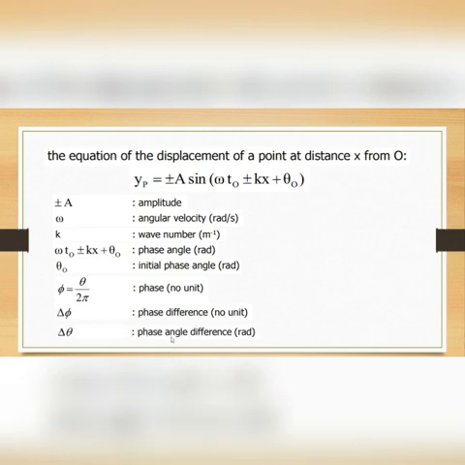Delta theta is the phase angle difference in radian. And delta phi is equal to x over lambda, or delta t over period. And delta theta is, of course, delta phi multiplied by 2 pi. It is equal to kx. This kx is equal to the delta theta.